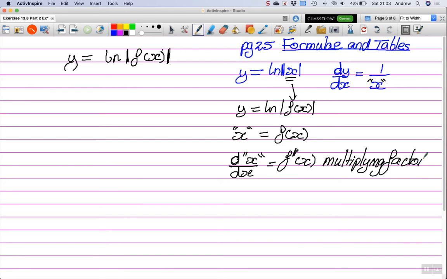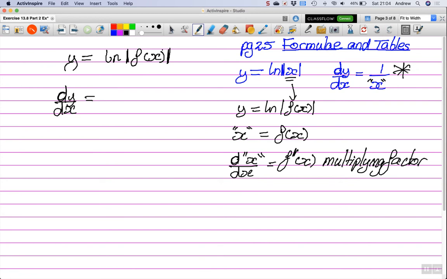So what does that mean when it looks over here? When we differentiate the right-hand side, we get dy dx. Try that again. We differentiate this side, it becomes dy dx. And what's the formula say to us? This is the formula here. It said it's 1 over the x.